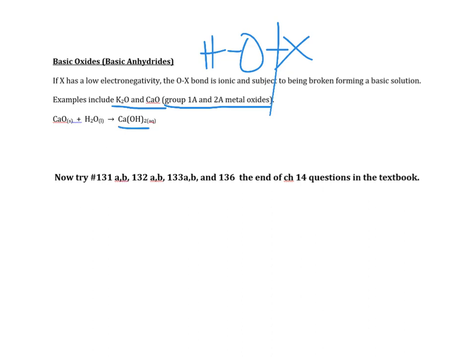Calcium hydroxide is a soluble hydroxide, a strong base that will produce hydroxide ions in solution and therefore be basic. So group 1A and 2A metal oxides are basic oxides.